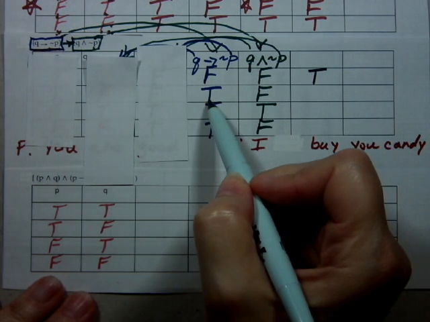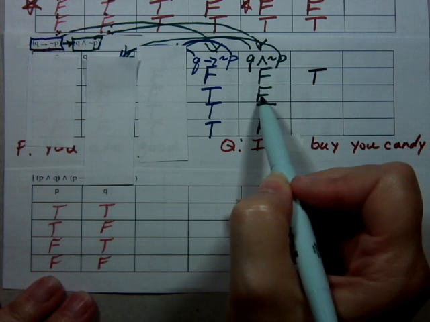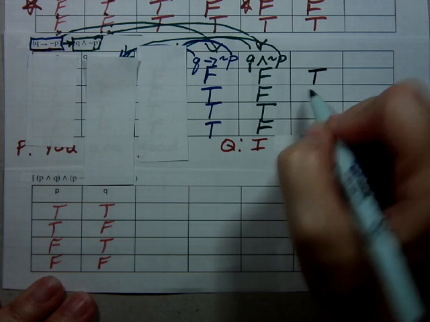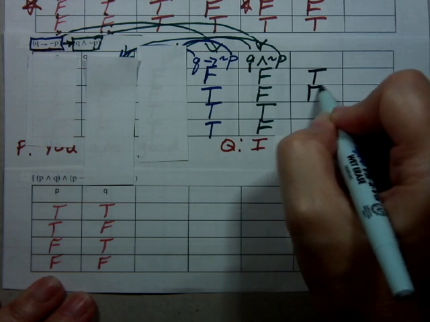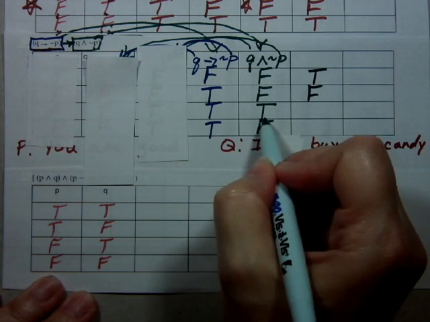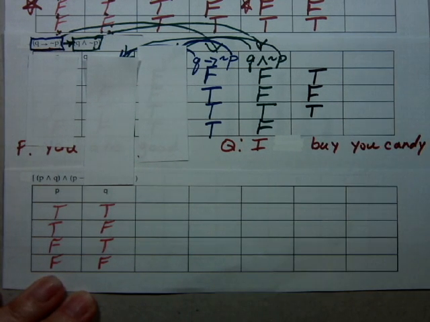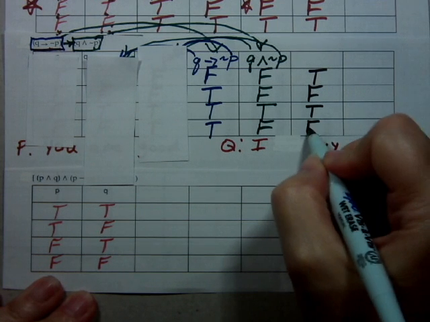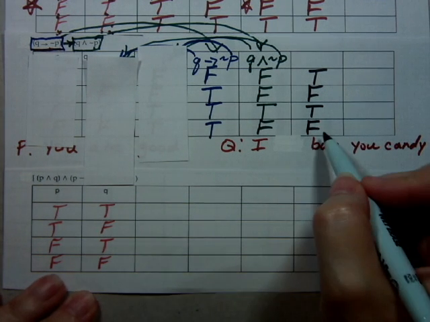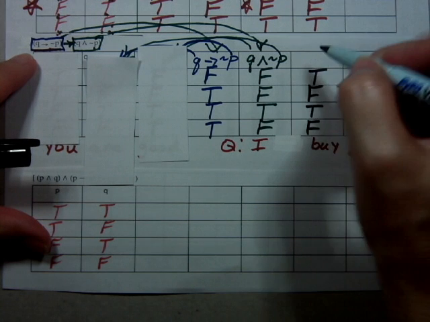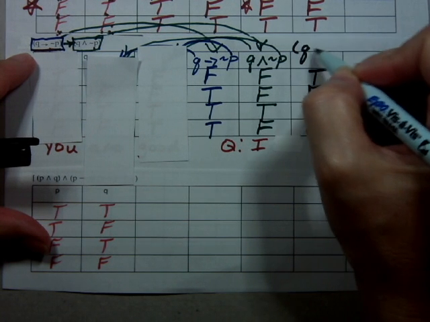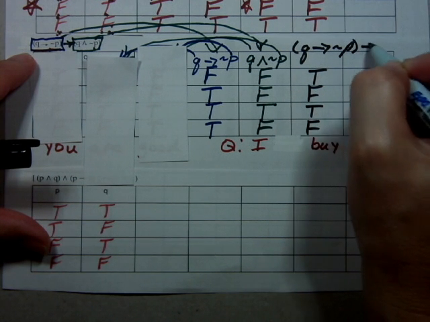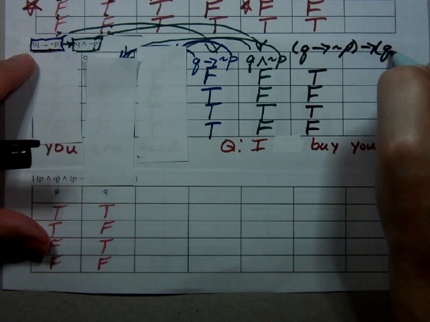If you did this and I didn't do that, then I lied. You did this and I did that, true. You did this and I did not do that, false. And what did I just find here? I actually found Q implies not P, implies Q and not P.